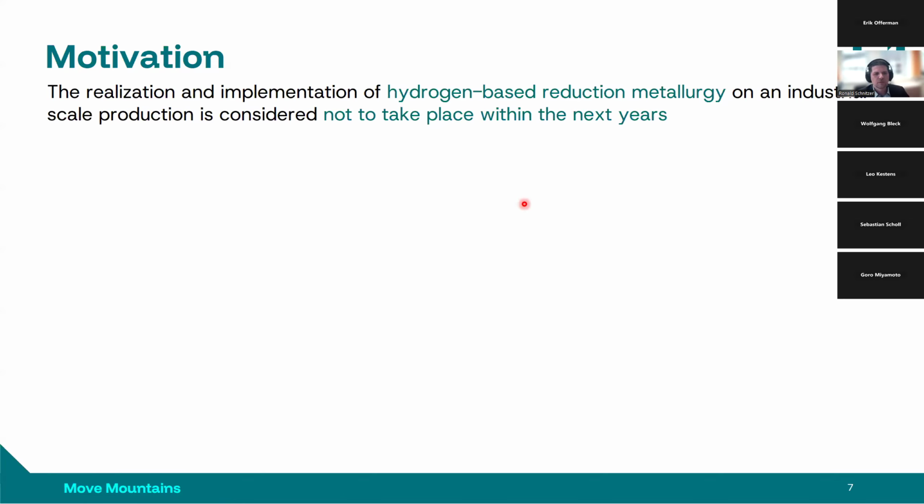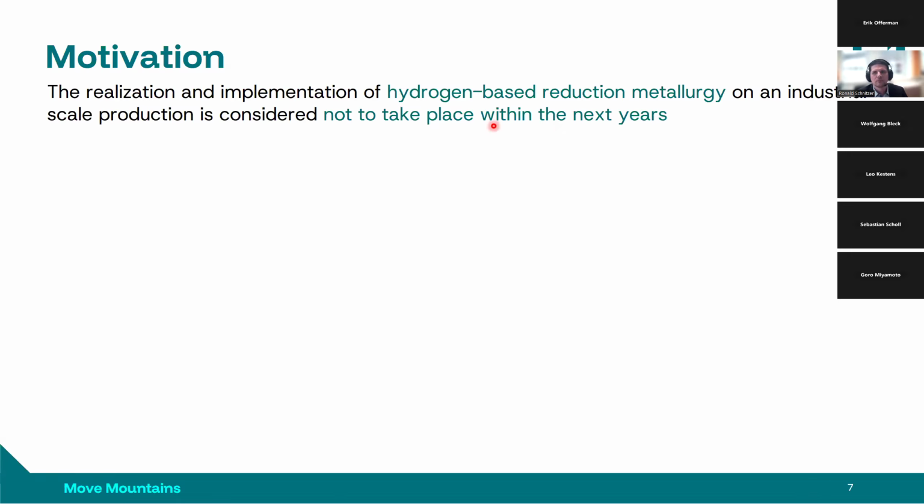Maybe you are very familiar with it: all over the world, a lot of pilot plants exist where hydrogen is already used as reduction agent. But anyhow, the availability of huge amounts of green hydrogen from renewable sources will not be possible within the immediately next years.